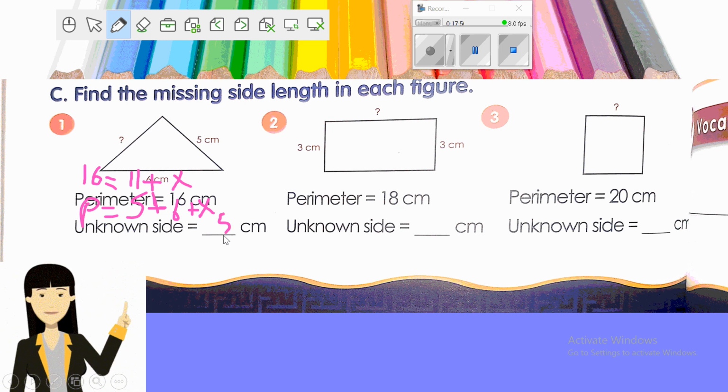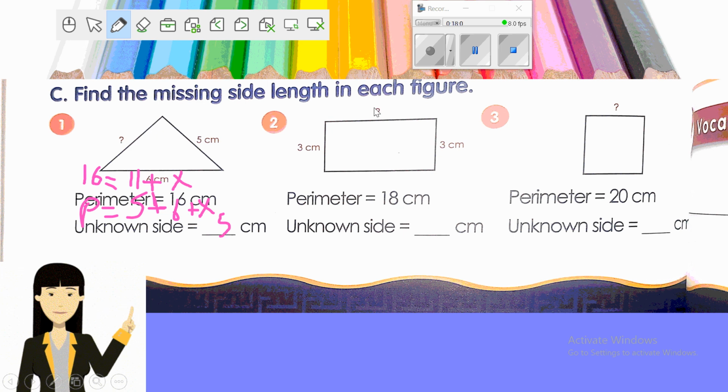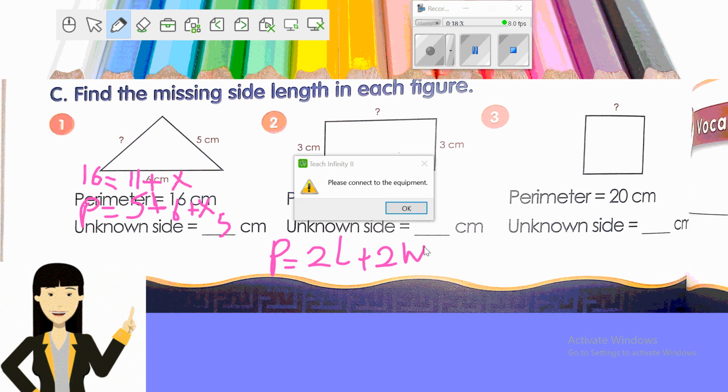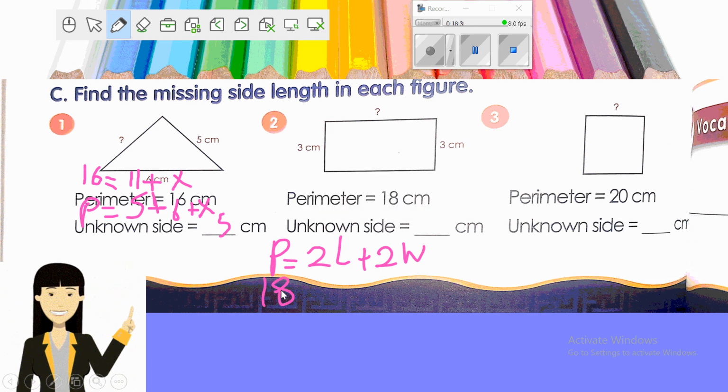Now here, this is 3, this is 3. This is a little bit hard because I have to make a double equation. I told you that the perimeter for the rectangle is double L and double W. The missing side here is L. So the P is double of L plus double of W. P here is already 18.